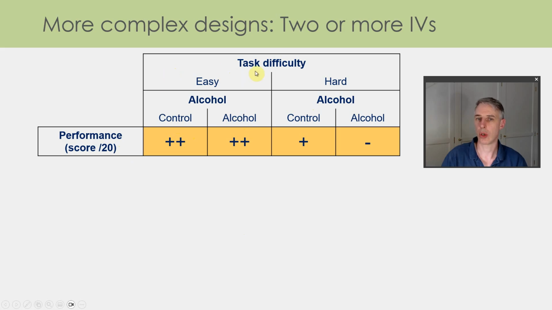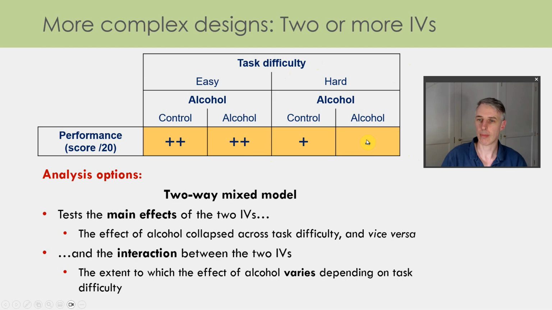This is the effect of alcohol in the easy task conditions, so no difference. And this is the effect of alcohol in the hard task conditions. So we can see we're expecting a drop-off in performance in the alcohol condition.